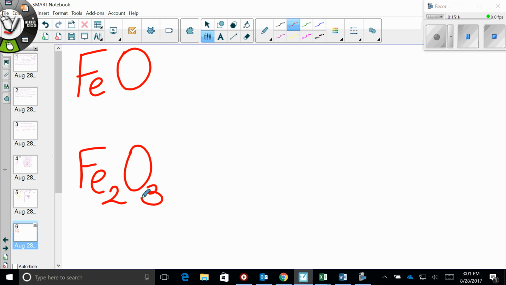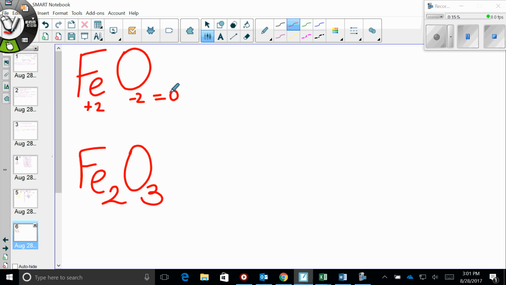How do I figure out the charge on the iron? I can undo the crisscross, right? But there's no numbers here. So what do I do? I can't write 1, but they have to be equal and opposite, right? What's the charge on O? -2. So this is an understood -2. So what does this have to be? Equal and opposite, +2, because it has to add up to 0.